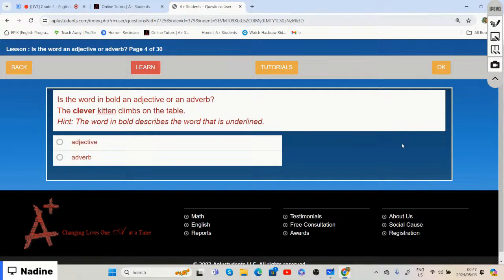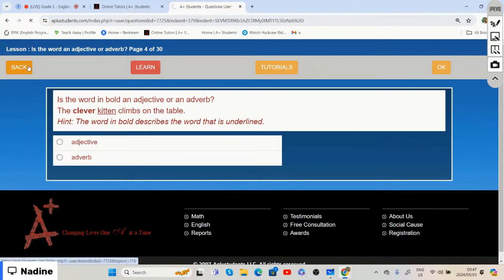How many is a specific number, or several, or many, or lots. Whereas if you want to select an adverb, you need to ask yourself how, when, or where. That is what you ask yourself.